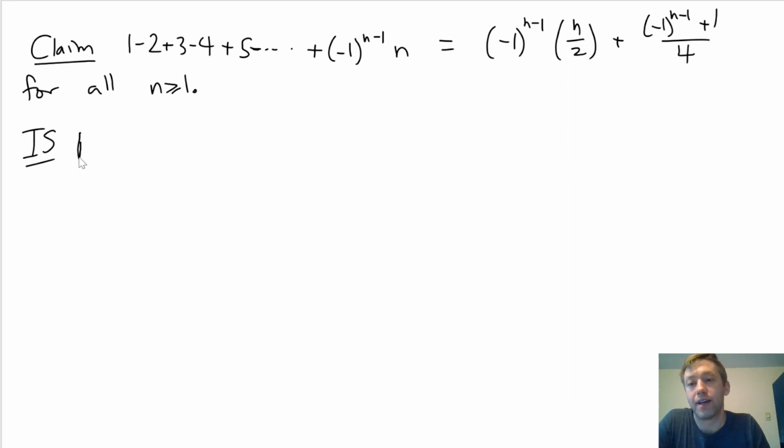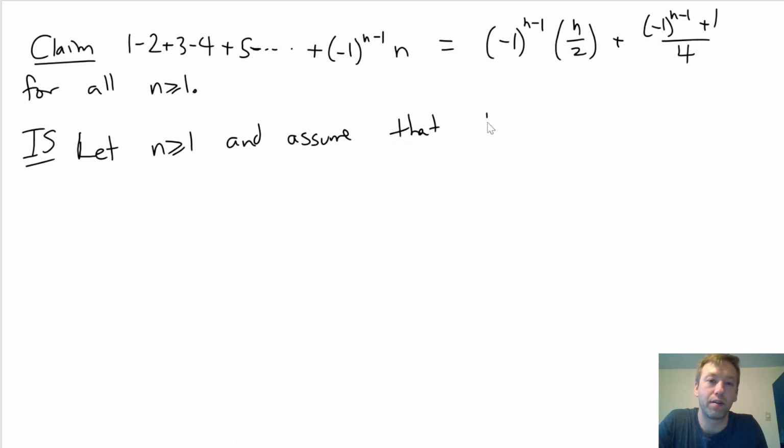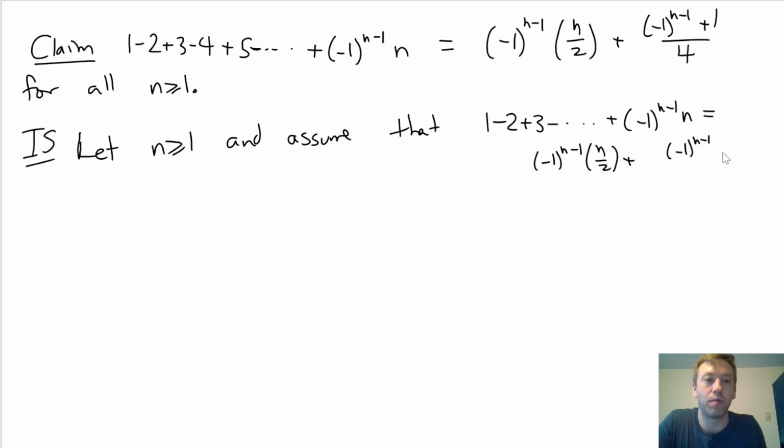So I'm just going to say let n be at least 1 and assume that 1 minus 2 plus 3 minus dot dot dot plus negative 1 to the n minus 1 times n is equal to negative 1 to the n minus 1, n over 2, plus negative 1 to the n minus 1 plus 1 over 4.